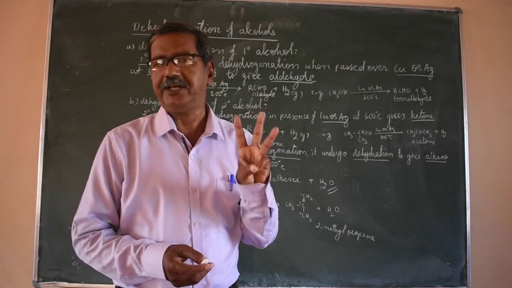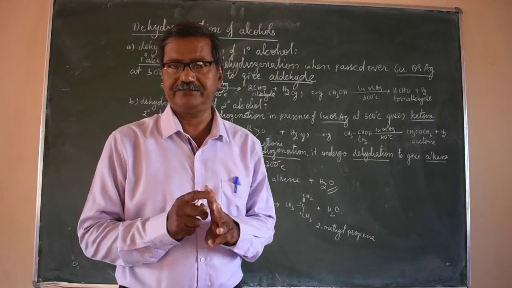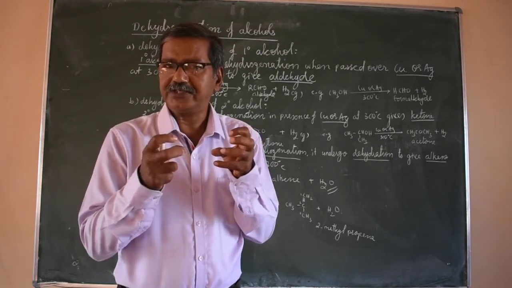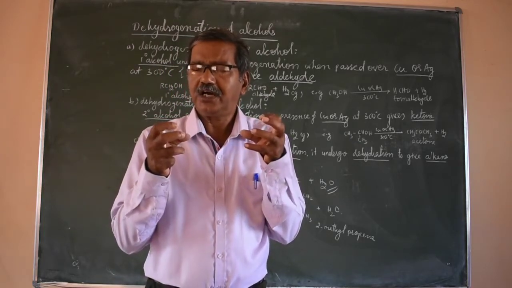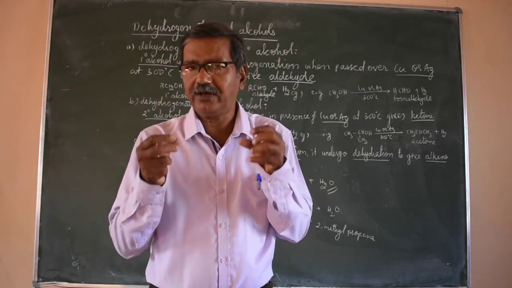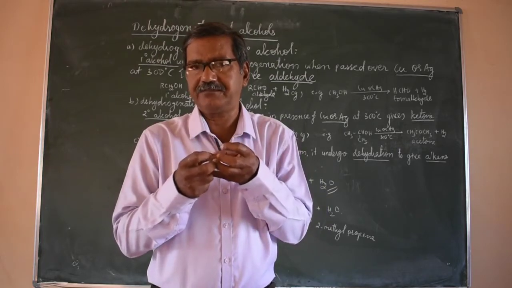So we have 3 types of alcohol: primary, secondary and tertiary. We know in case of tertiary, the carbon is attached to 3 different or identical groups. For example, tertiary butyl alcohol: carbon is attached to 3 CH3.